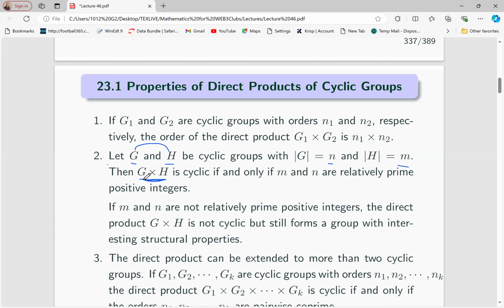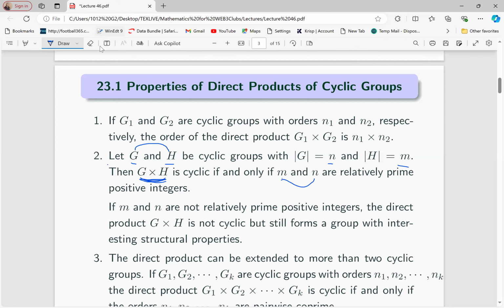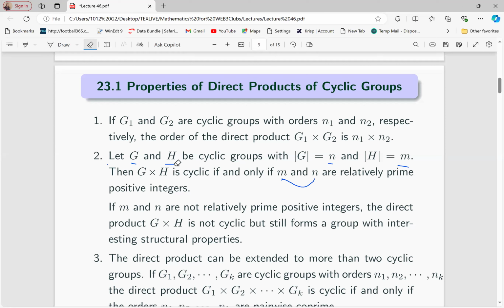The product is cyclic if and only if these two orders, M and N, are relatively prime. If the two orders are relatively prime, then the direct product will be cyclic.